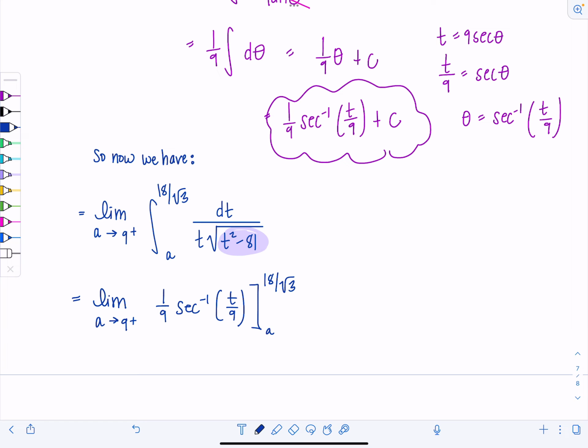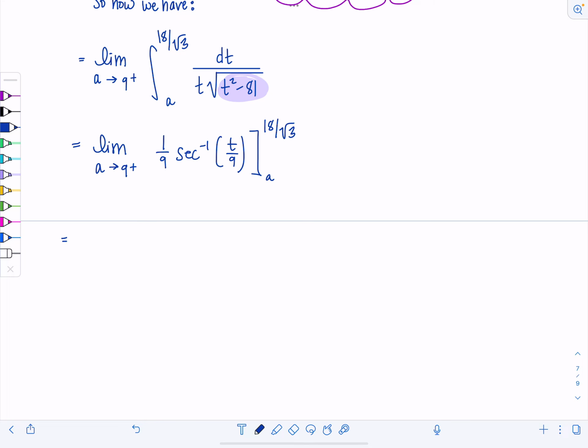Ooh, okay. So then we have limit, a approaches 9 from the right, 1/9. This is going to be secant inverse of 18 over rad 3 over 9 minus secant inverse a over 9.